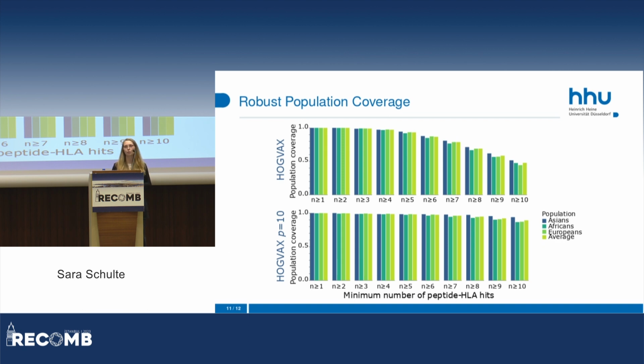If we set it to, for example, 10, we're able to create highly robust vaccine formulations. So in this case, I set it to 10, and you can see that we achieve like 90% population coverage for at least 10 required peptide HLA hits, which is quite amazing, I think.